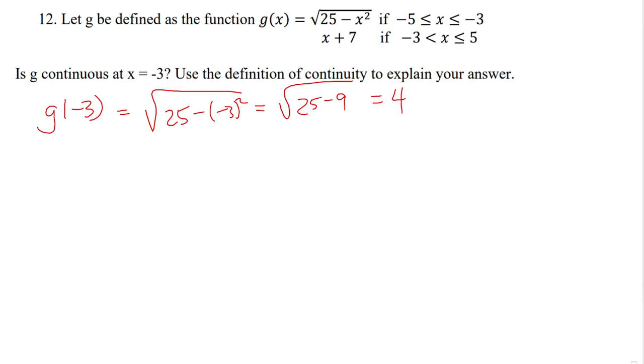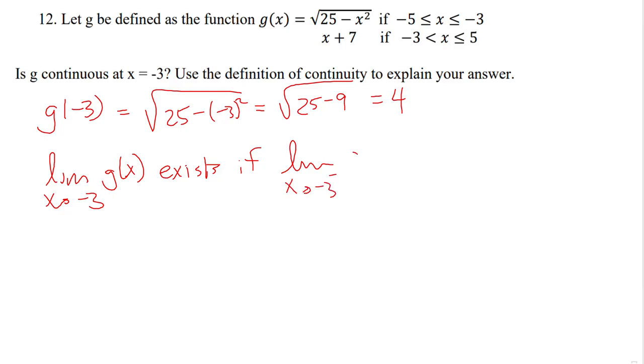Then we need the limit to exist as x approaches negative 3. And the limit as x approaches negative 3 of g of x can only exist if the limit as x approaches negative 3 from the left equals the limit as x approaches negative 3 from the right. So we need to find those two limits. As x approaches negative 3 from the left, we just end up using that same thing.